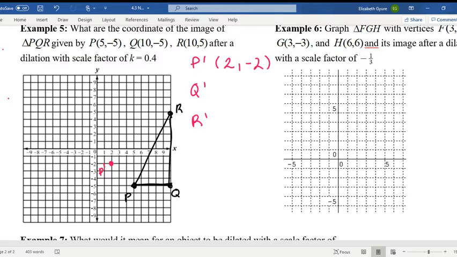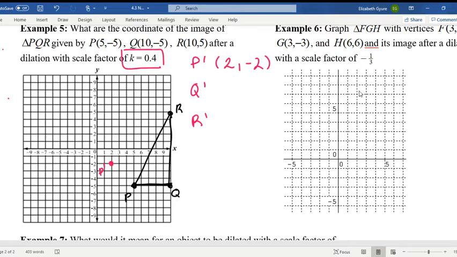Multiply, actually. Yeah, so what you're going to do is, your scale factor, 0.4, you always take your coordinate points and you multiply it by the scale factor. So if it's written as a fraction, then you just multiply it by the fraction, like a third or a fourth. If it's a decimal, you still just want to multiply it.